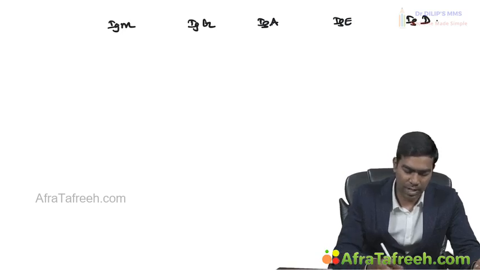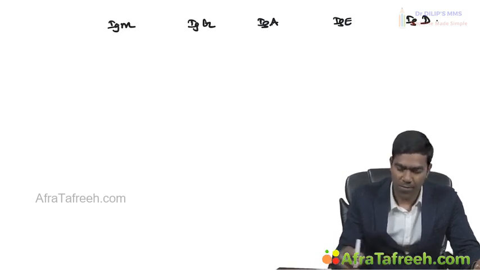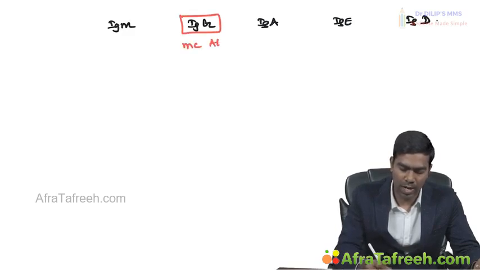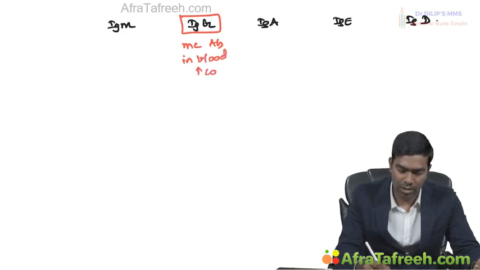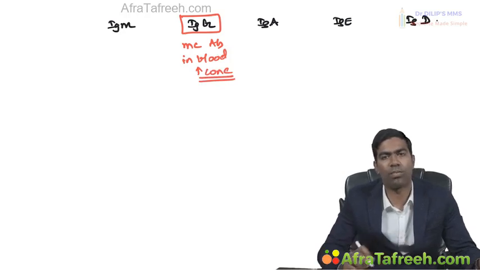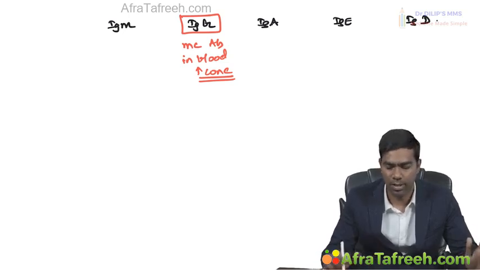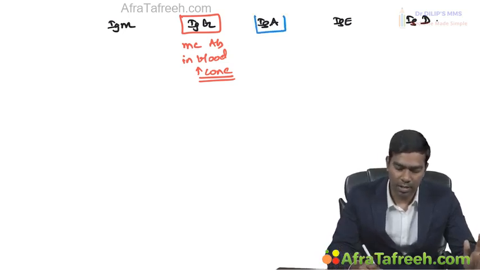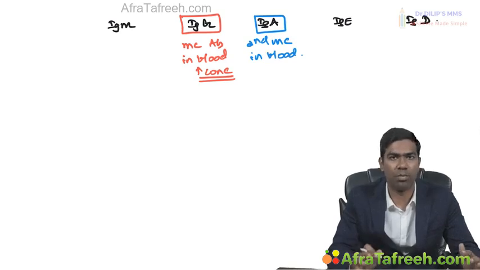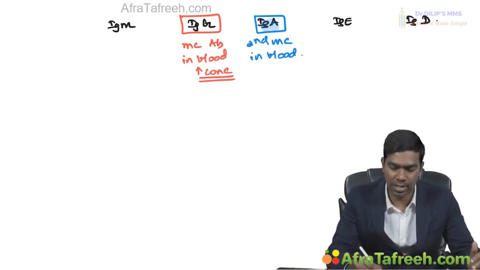Remember, IgG is supposed to be the most common antibody in the blood, which means the antibody in highest concentration in the blood. If they ask, the antibody that is present in highest concentration in the blood is IgG only. Then if they ask you the second most common antibody in blood, the answer is IgA.